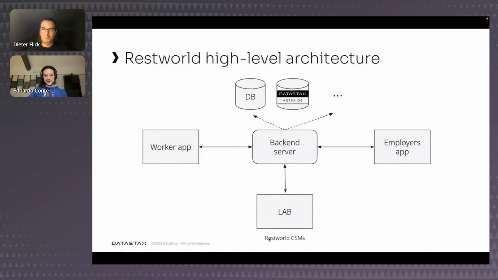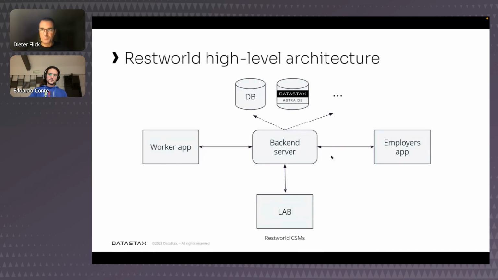A few years ago, the CSMs, the customer success managers of Restworld, started using this application. Now everyone communicates with the same backends and with different data stores, among which we have our operational database, and then we have DataStax Astra DB, which serves us as a vector store where we store our knowledge representation. So this is just a high-level view of our platform.